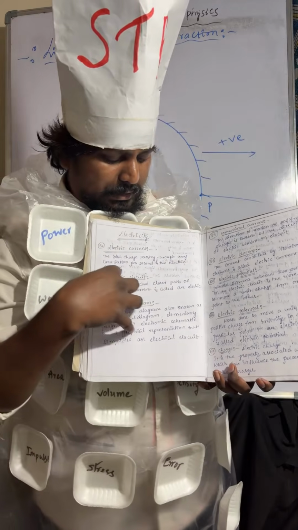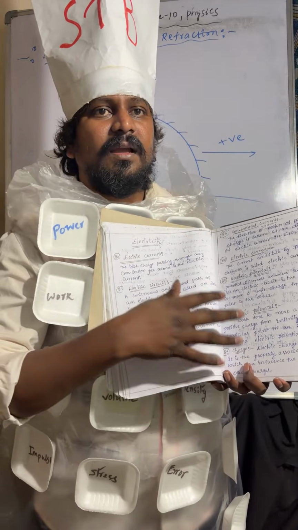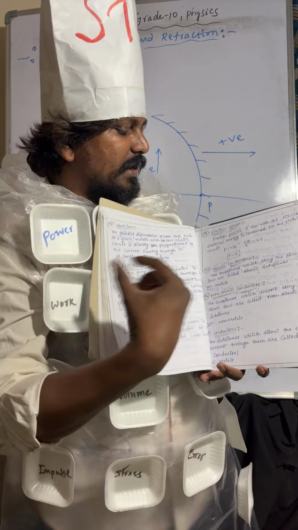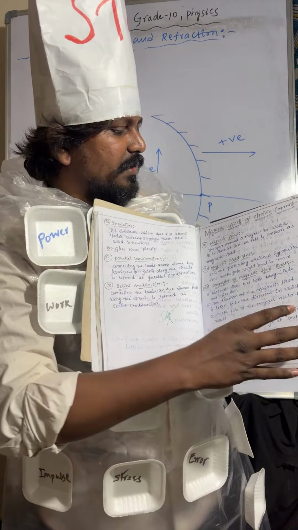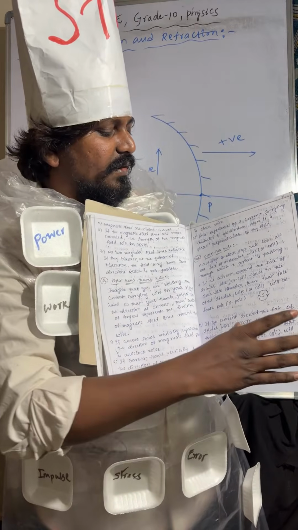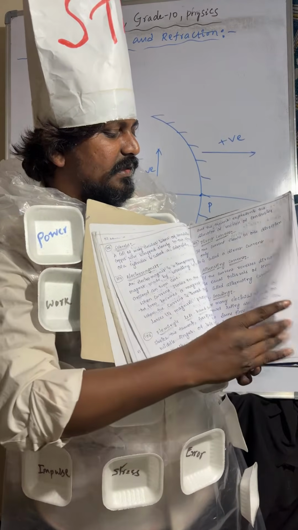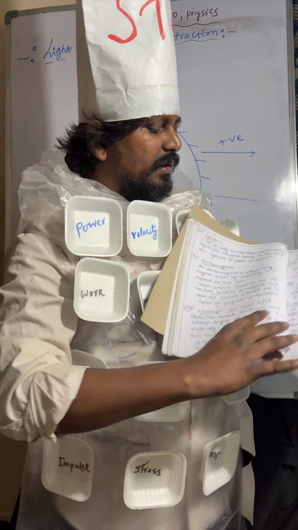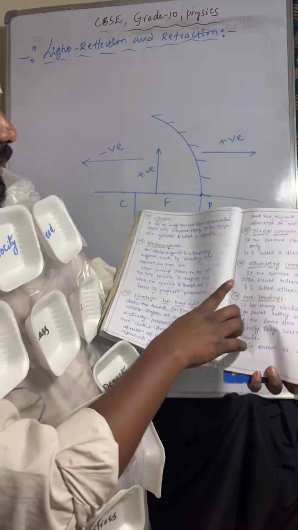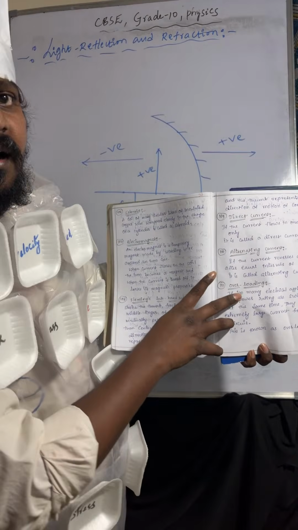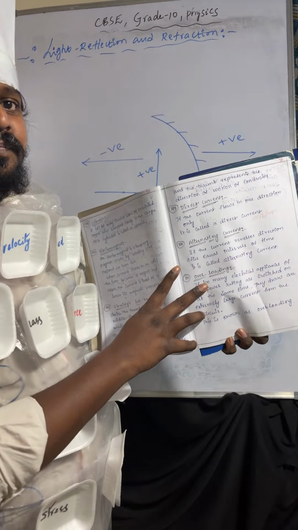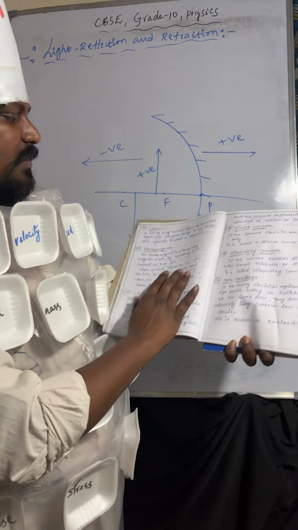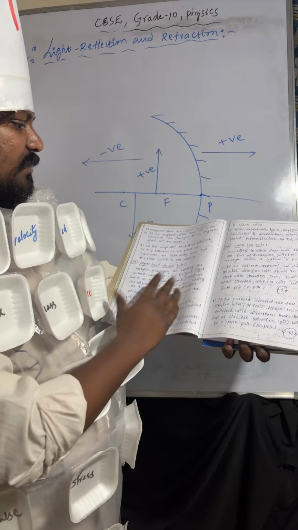And here you can see electricity: electric current, electric power, magnetic effects of electric current, all the points like this. You can observe here 110 definitions, more than that are there. And here you can observe, these are all.